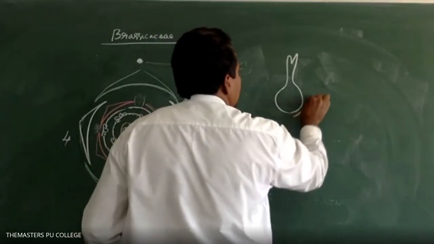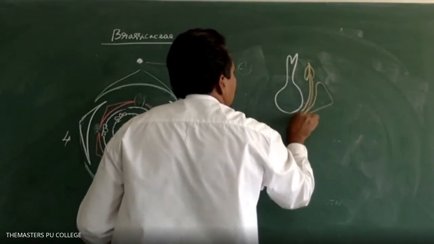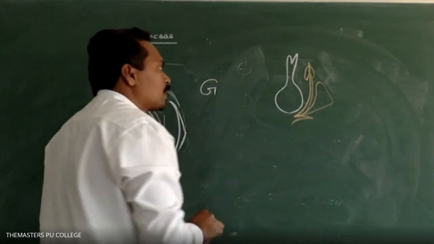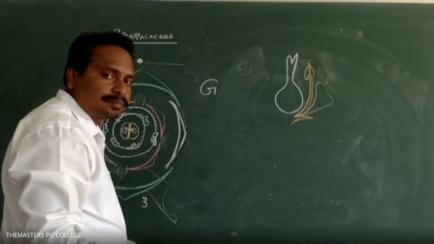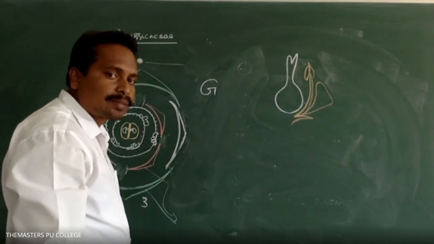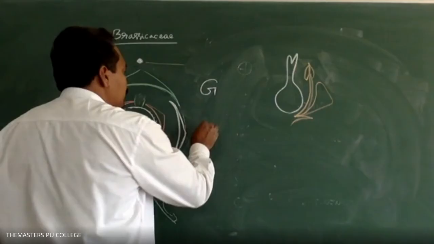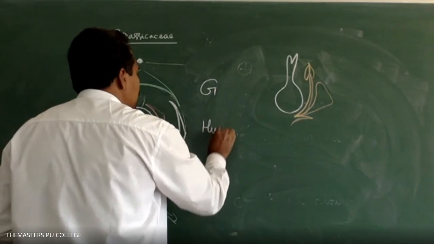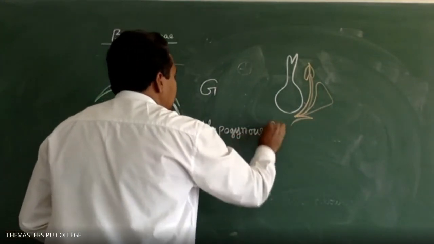Below the gynaecium, sir. Right. So that flower is called hypogynous, perigynous or epigynous flower? Hypogynous flower.